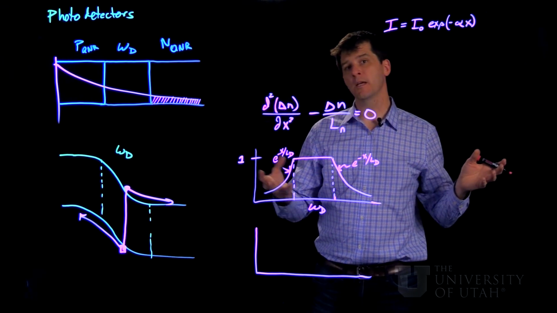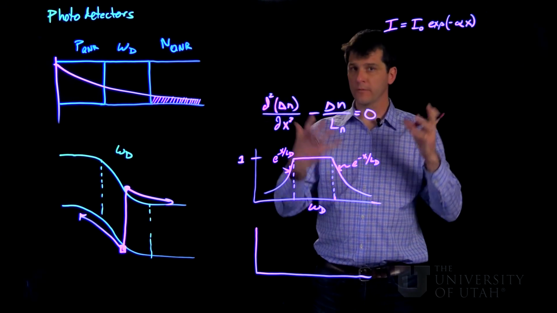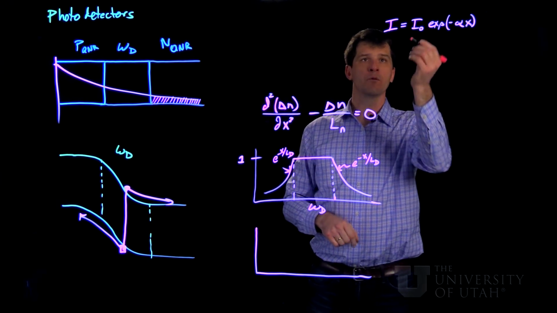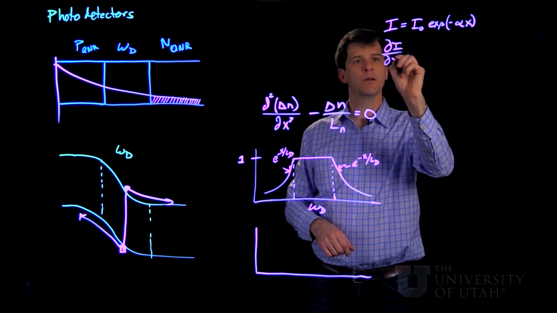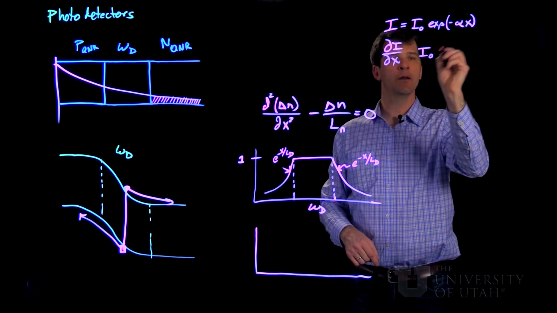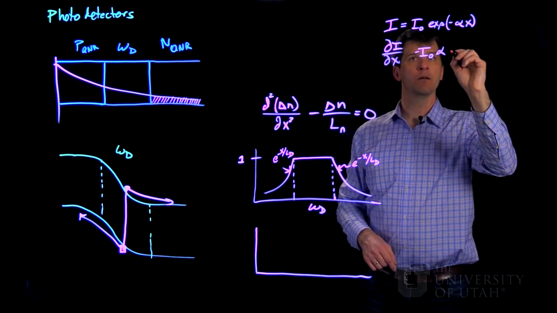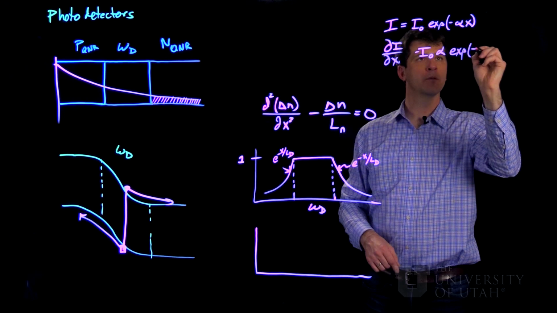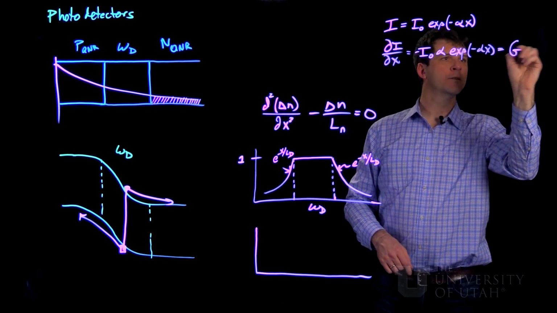What we actually want to look at is those that are no longer propagating with the others, those that are taken out of the beam. So what we have to look at is actually dI by dx. And so we get an I naught, we pull down a minus alpha, and then we have e to the minus alpha x. And then we define this as our g.